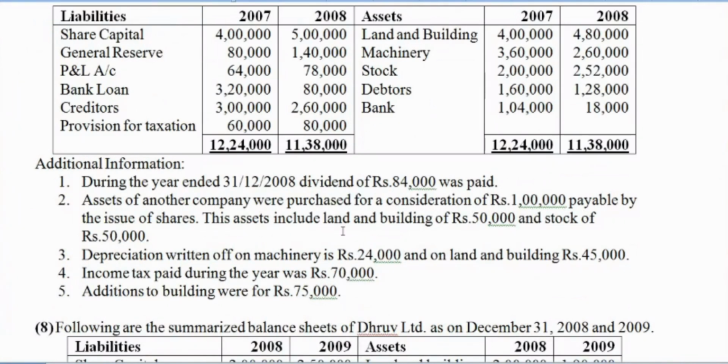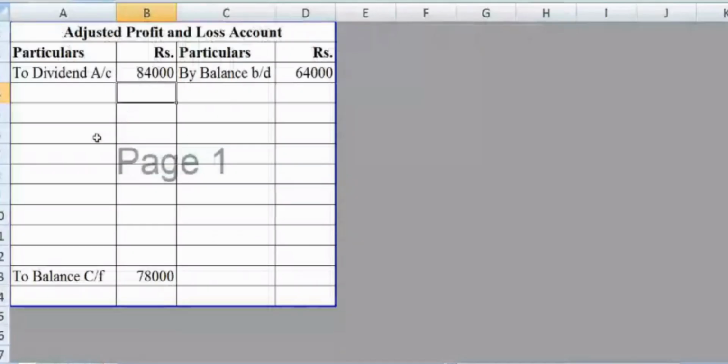Now second, assets of another company were purchased for consideration of rupees 1 lakh, payable by issue of shares. The assets include land and building and stock of rupees 50,000 and 50,000 respectively. So here we need to prepare the land and building account and the share capital account.